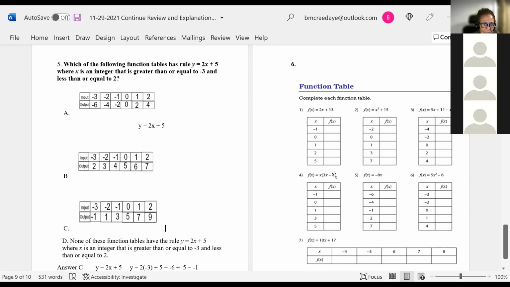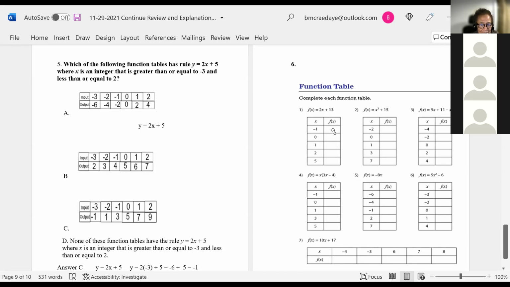That's what we've been calling Y. The X is the input. So to complete the table, you take the equation for the table, plug in the input, and solve for the output. So 2X becomes 2 times a negative 1, right? 2 times a negative 1 is a negative 2. Add 13 to that, and you get F of X, 11.